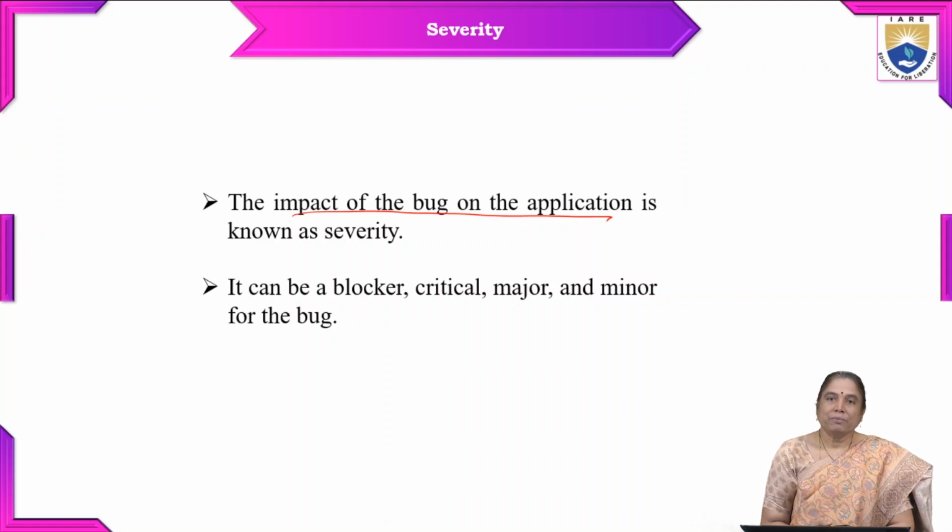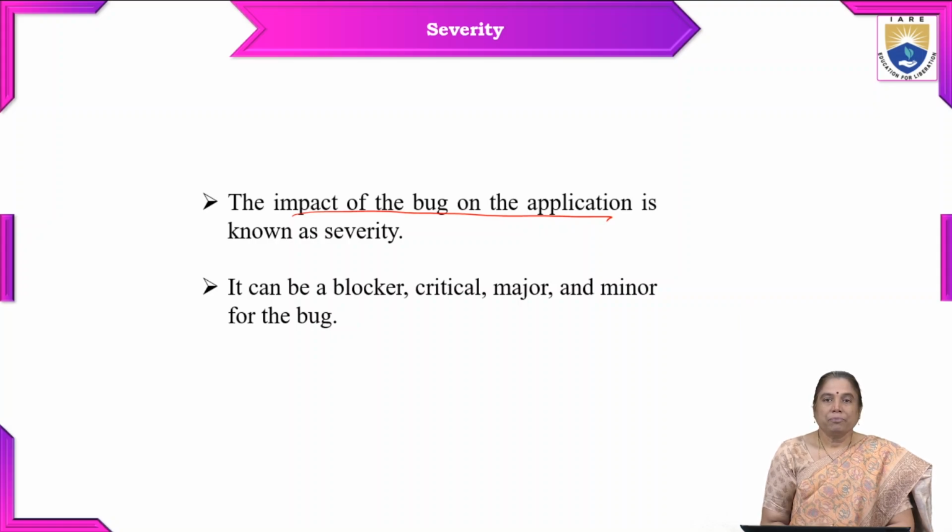What does blocker severity mean? If the application is stopped for navigation, it is severely impacting the application, so it can be categorized under blocker severity. Critical means if the required functionality of the application is not working, then the severity level is generally defined as critical.